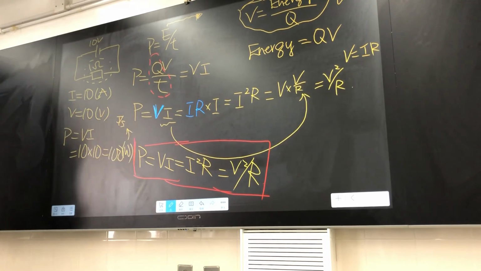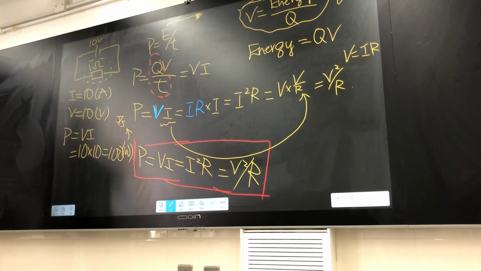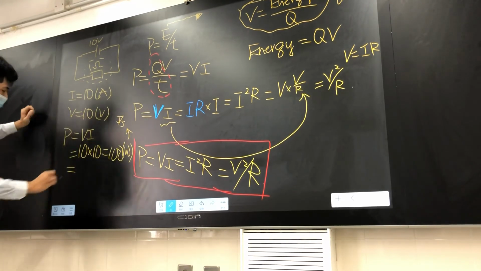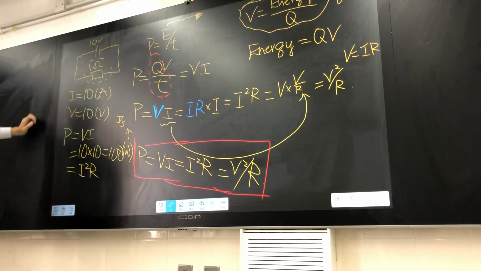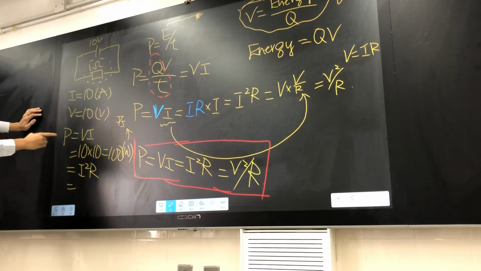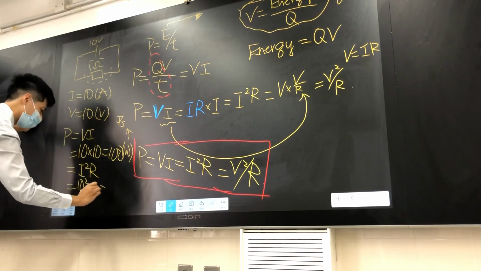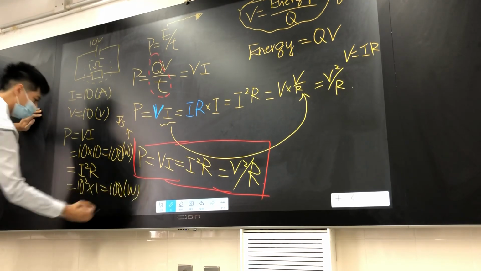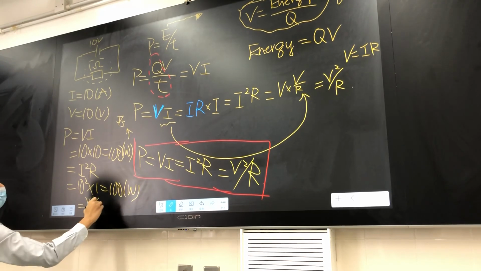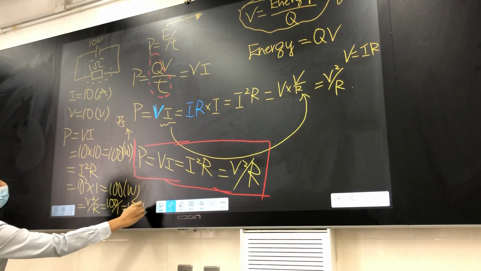So you can use P equals VI, or P equals I squared R. I squared is 10 squared, times R, and R is 1, so it equals 100 watts. P equals V squared over R, so 100 over 1, still equals 100 watts.